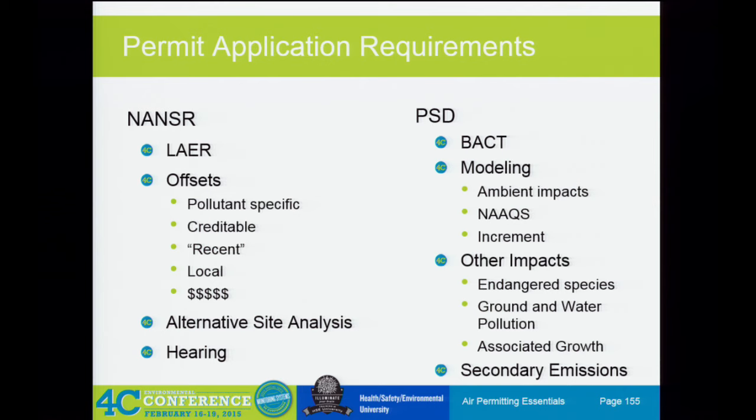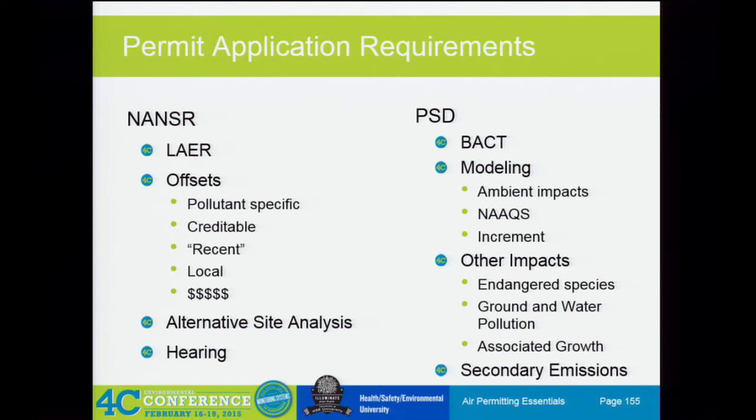Associated growth refers to if you're adding a new unit to your process or to your plant, and it's going to allow you to increase the jobs at your facility. Maybe it'll add 20 new jobs at your facility because you're building a brand new unit.